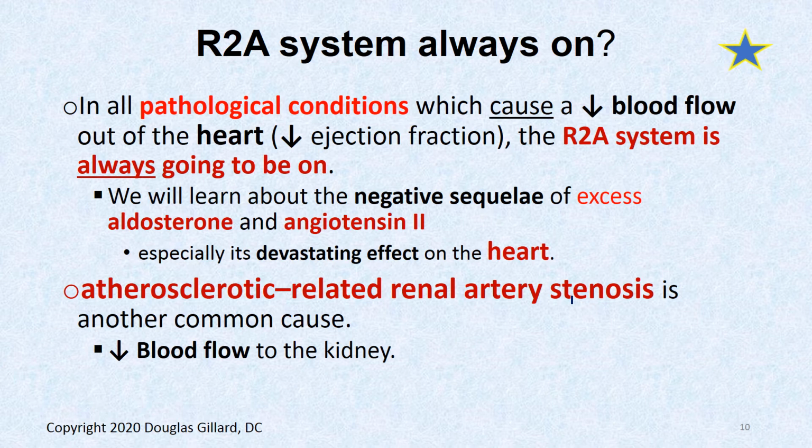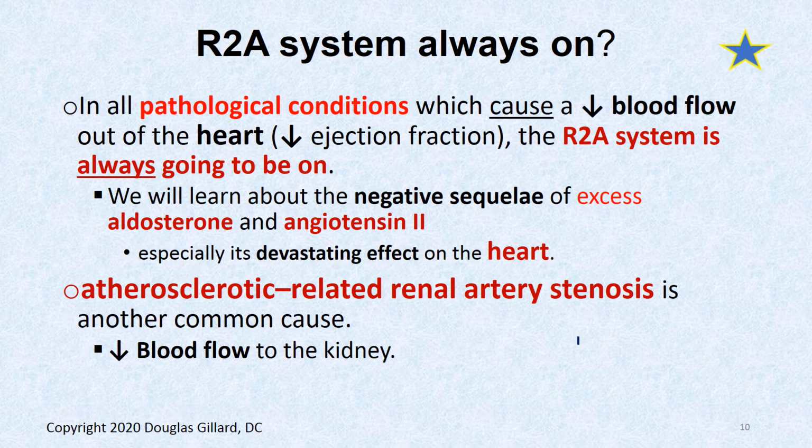The R2A system senses that decreased blood pressure and is always on. And that ain't a good thing, as we will learn, because it can wreck the heart and it can wreck the lungs, and we'll learn more about that in the future. So yes, aldosterone and angiotensin II have devastating effects on the heart.